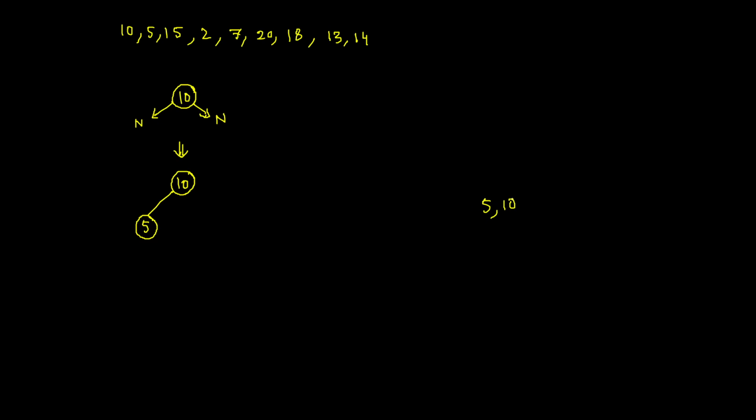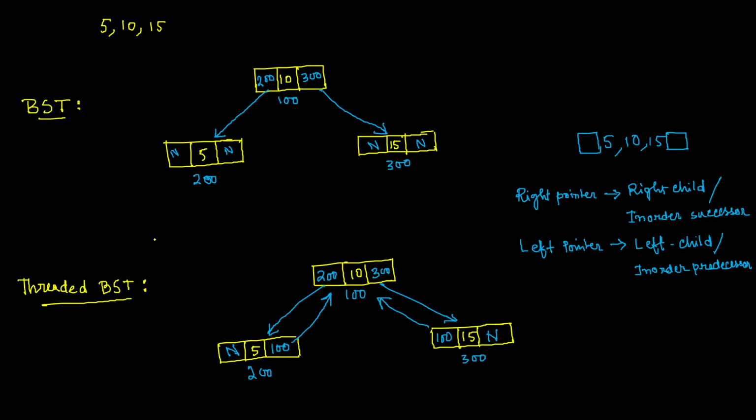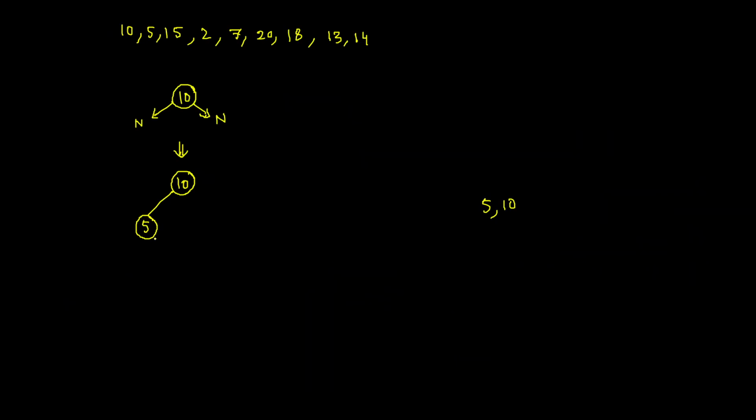It isn't required, because 10 already has a left child. Since 5 has an inorder successor, the right pointer of 5 will now not be null, rather it will point to the inorder successor, that is its root, and the left part will not point anywhere because the left of 5 has nothing, so it will point to null.